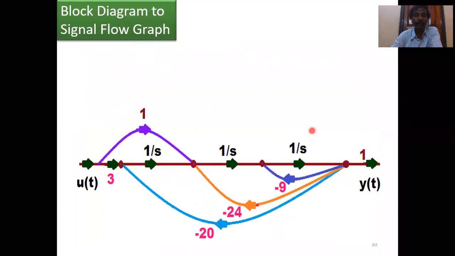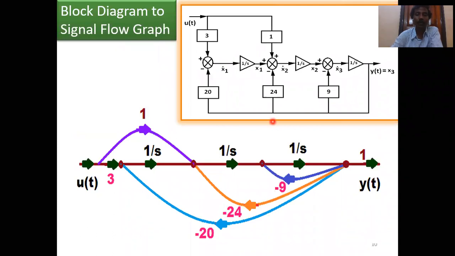Then this is the signal flow graph. First, u of t, and this is the path 3, and this is x1 dot. x1 dot integrates to give x1.